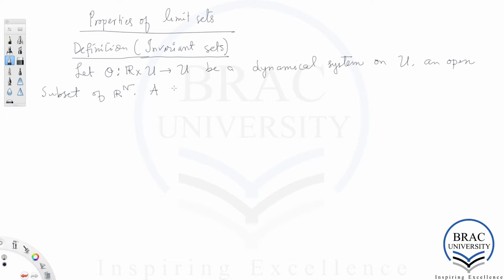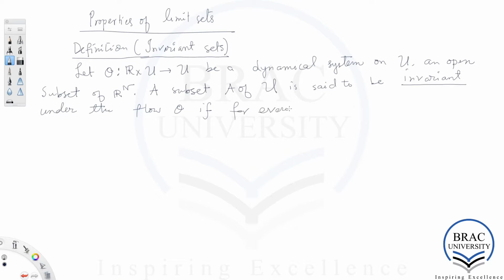A subset A of this open subset U is said to be invariant under the flow theta if for every q in A, theta(t, q) is also in A for all t in the set of real numbers.